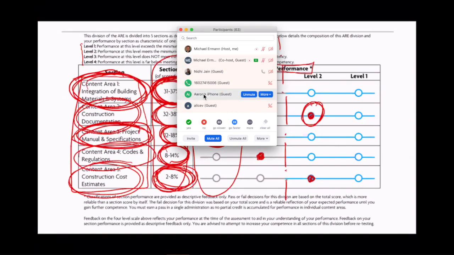You should be able to unmute yourself now. I'm going to turn you up a little bit. All right, say again. I can hear you. Go ahead and talk again. Yes.